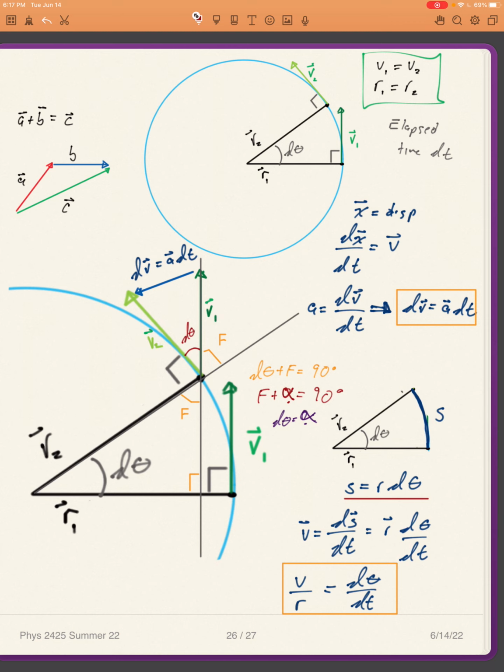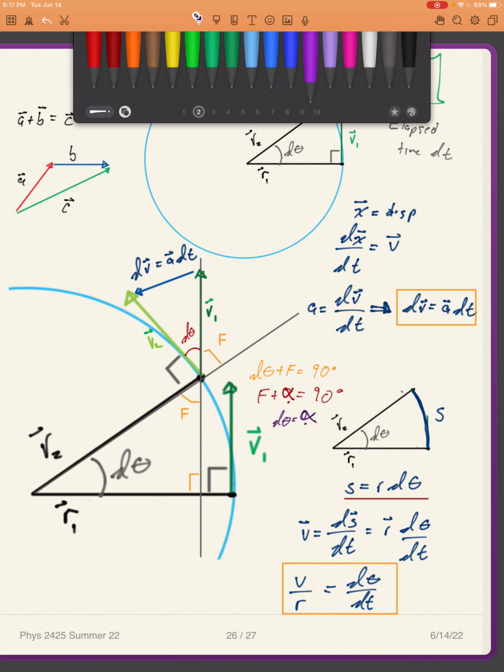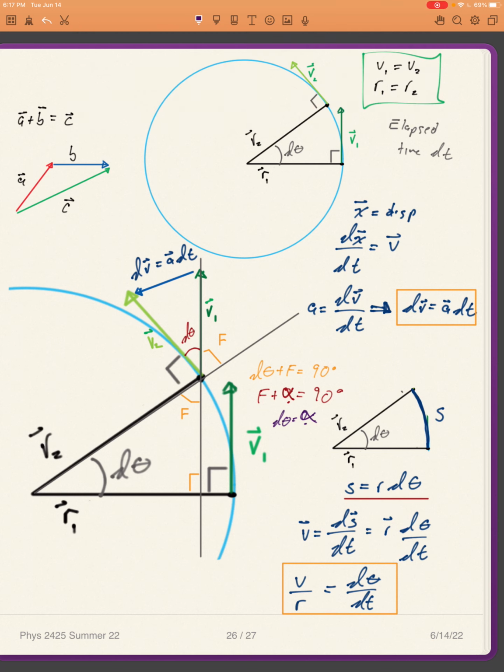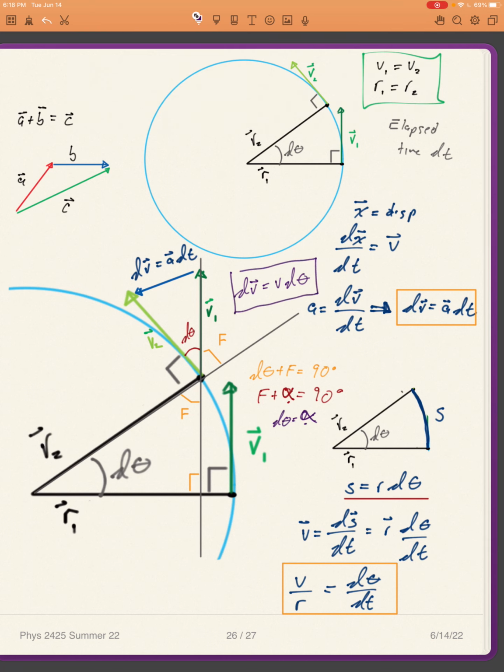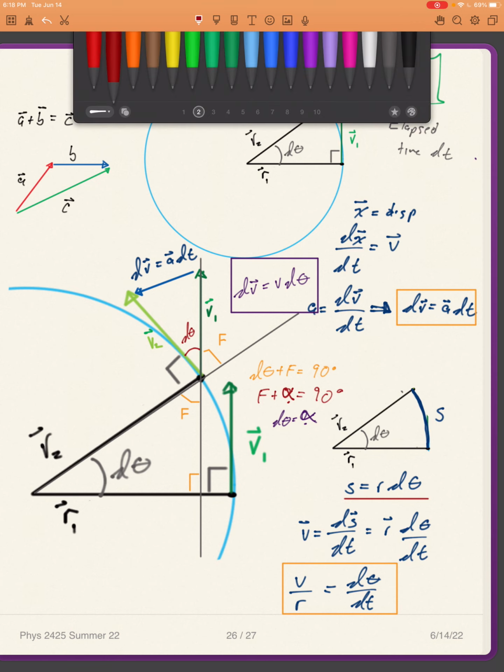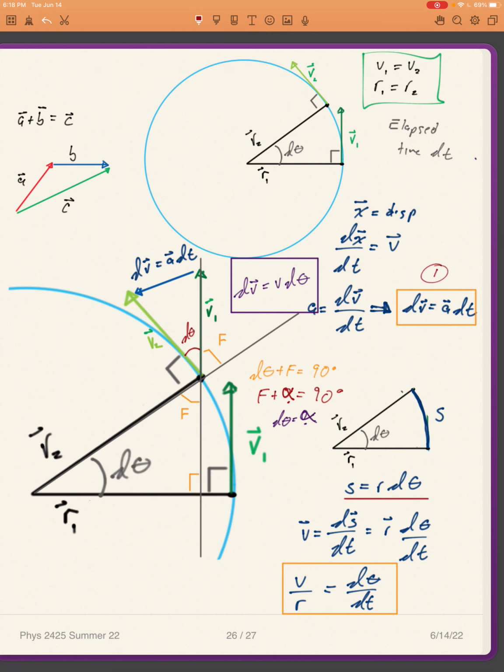And so I can see from this that dv also has to be equal to v d theta. Okay, let's put a square on that. Alright, so I got three very important equations now. Let's give them a name, and I call this equation 1, equation 2, and equation 3.